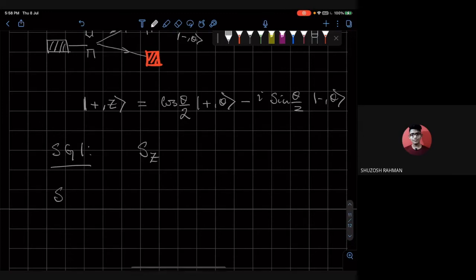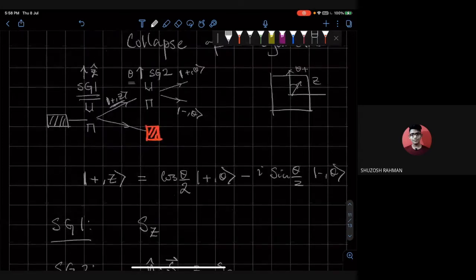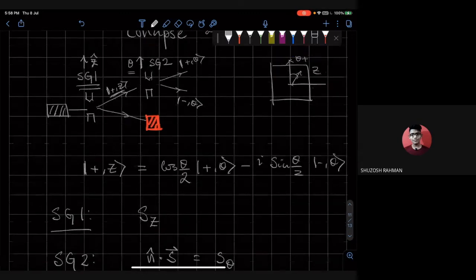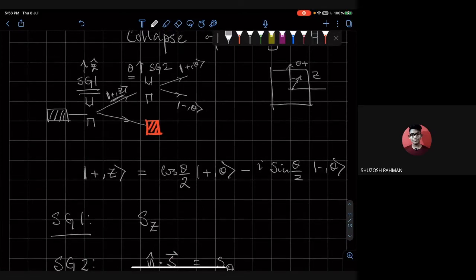What SG2 is doing is making an observation in the n hat dot S direction, and that operator I'm calling S theta. So can we further do the same thing with the plus theta? Yes, we're going to do that.